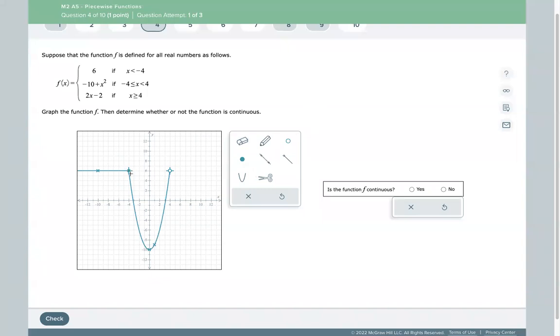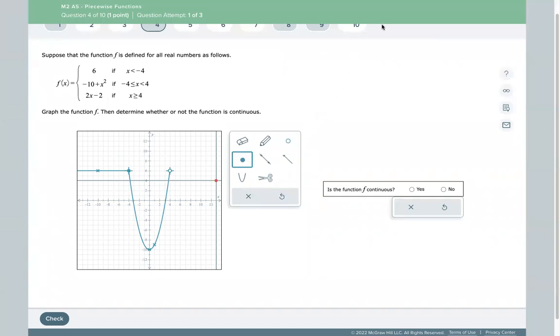So that's a line that is a constant at the height of 6, just considering values that are less than -4. And this line ends with a hollow dot, but because the U-shaped function has a solid dot, the solid dot is the one that will be, in a way, winning over the hollow dot.